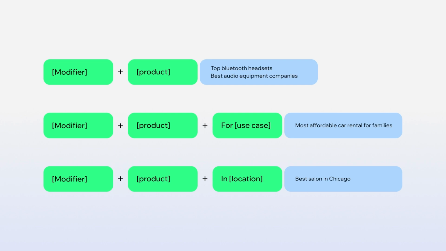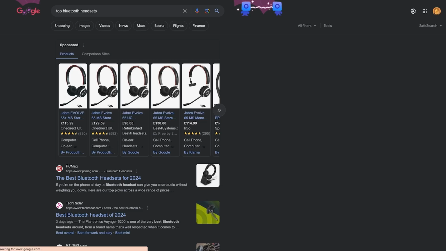Or you can add a location instead, like best salon in Chicago. So if your client produces audio equipment for general consumers, you might help them look for generic listicles like top Bluetooth headsets or best audio equipment companies.